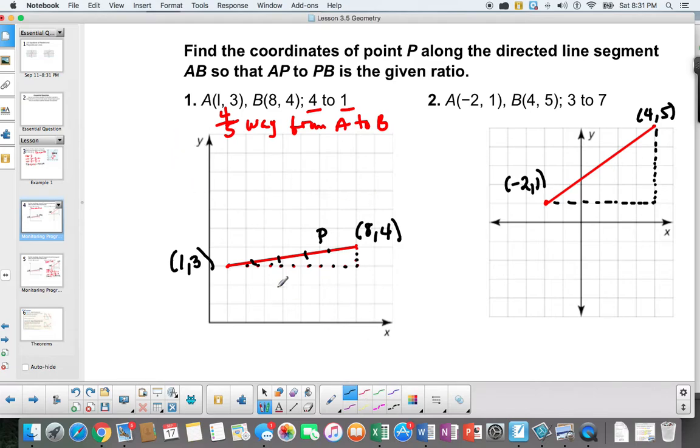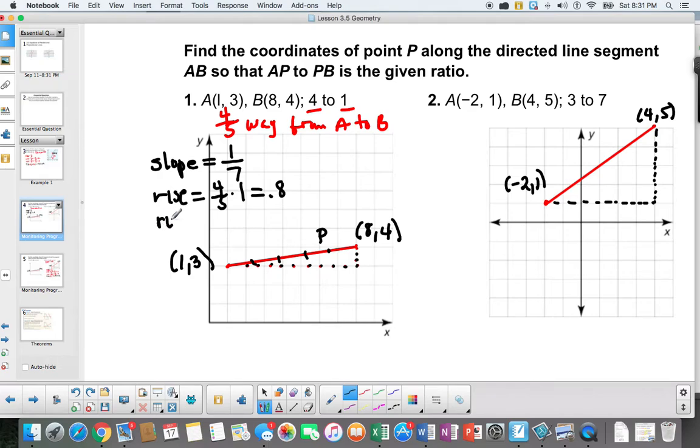We do it using slope. You can see my rise is 1 and my run is 7. First I'm going to look at rise: 4/5 times 1, which is 0.8.